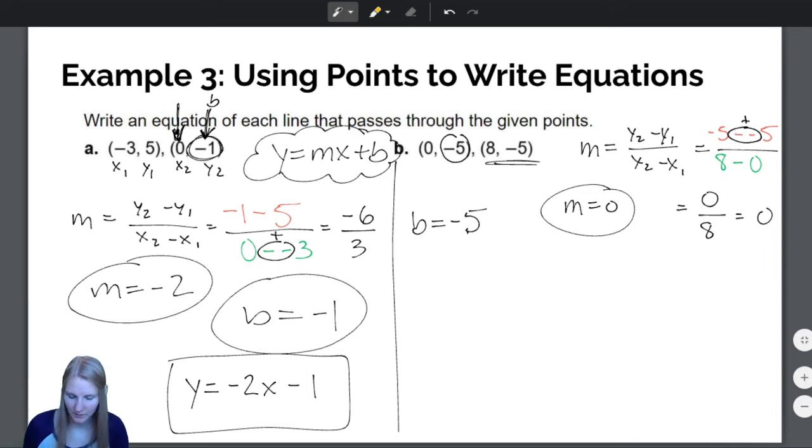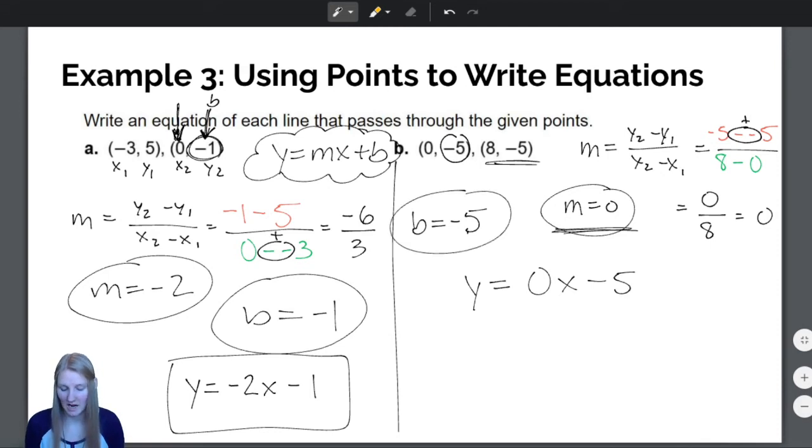Okay, awesome. So the equation is y equals mx plus b, but I'm going to change m to 0, and I'm going to change b to -5. So we have y equals 0x minus 5. But wait, remember, anytime I have 0x, that's just 0. So I actually have y equals -5.